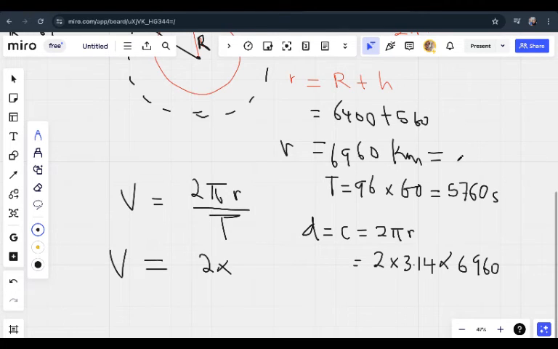You don't have to worry yourself too much. That's 6,960,000 meters. We put the unit, meter. This is what we get.